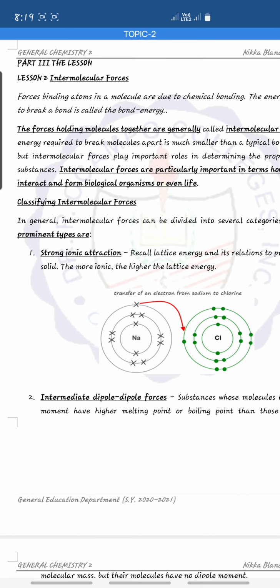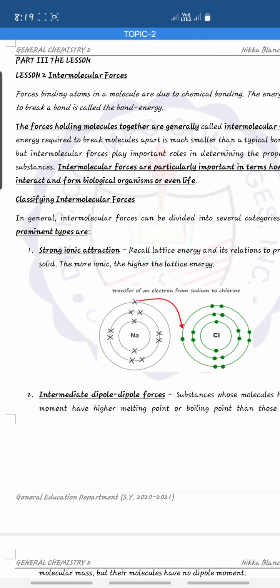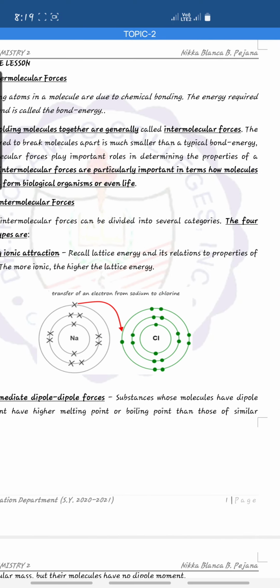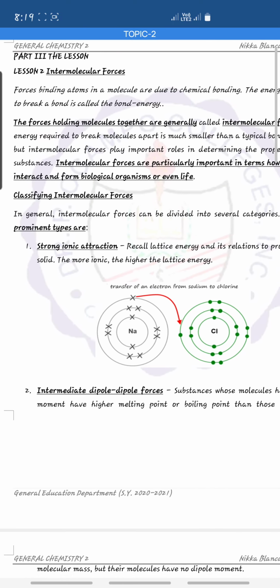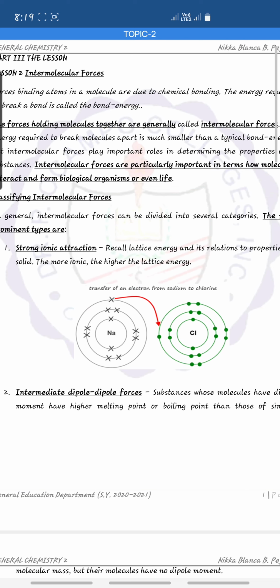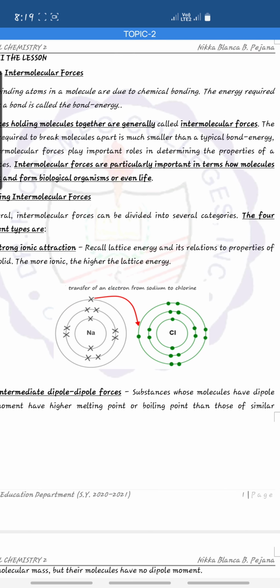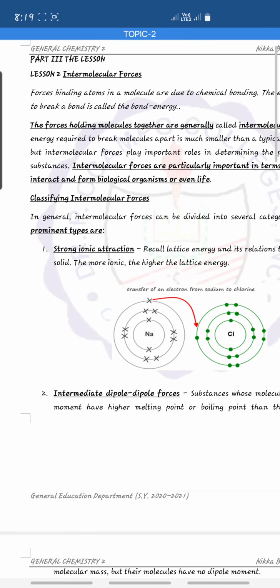Take a look at the underlined phrases here. It says intermolecular forces are particularly important in terms of how molecules interact and form biological organisms, or even life. Meaning to say, intermolecular forces are not only like a typical bond energy. They are very important in how molecules interact and form a biological organism.